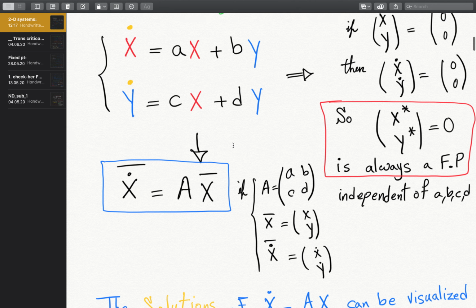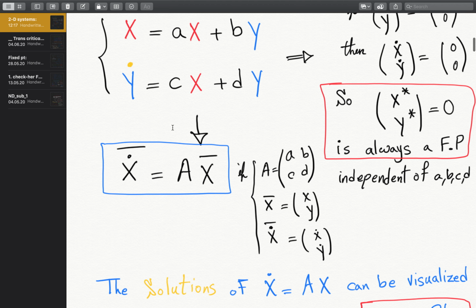So you saw it in the lectures, right? We show x dot like a vector.